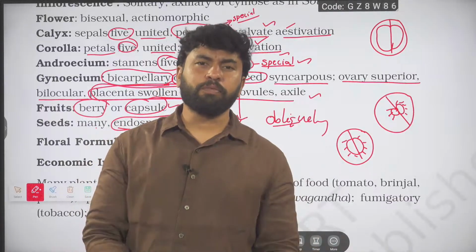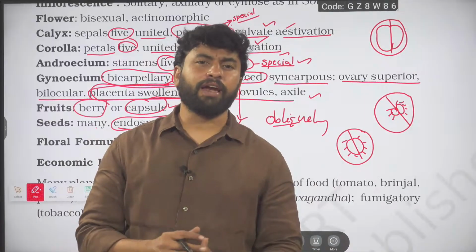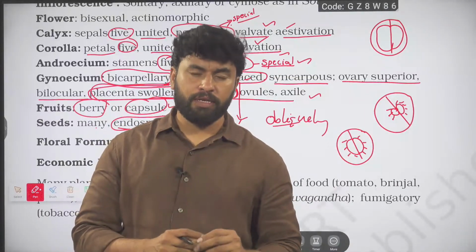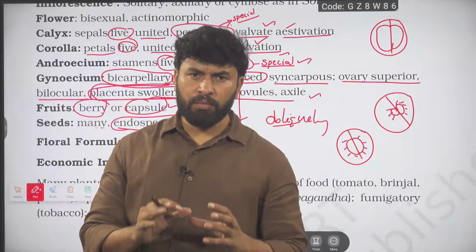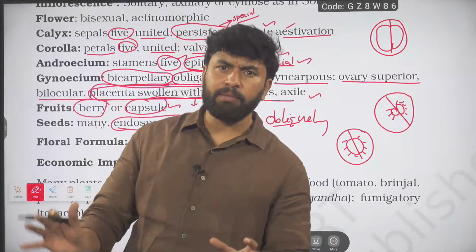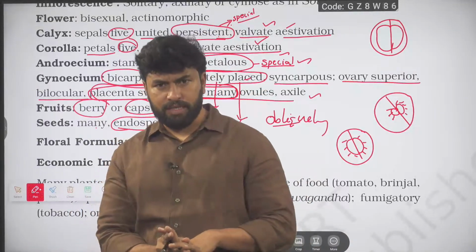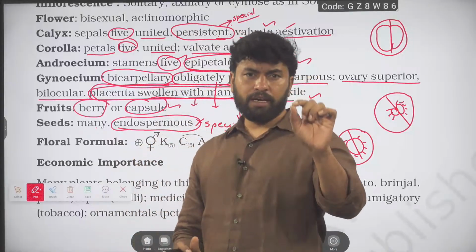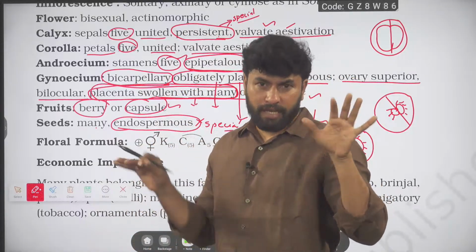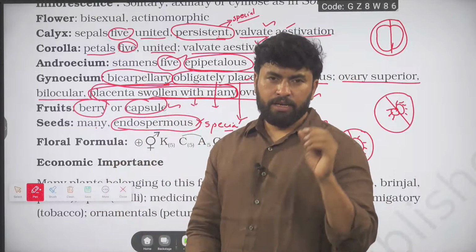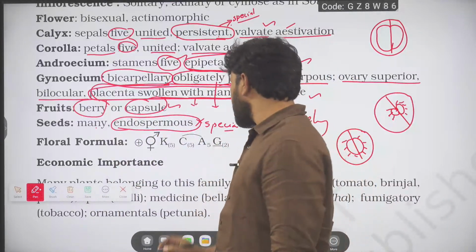Presence of endospermic seed is not a typical character of dicotyledonous members. Solanaceae members, tomato, brinjal, potato, most of them have endospermic seeds. Keep it in mind. Solanaceae is the only dicot family that we are going to study right now with this criterion, that it has endospermic seeds.